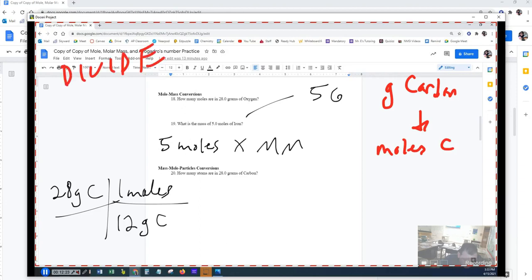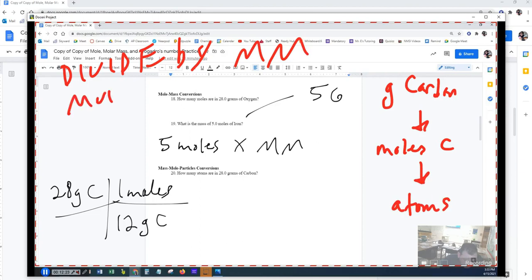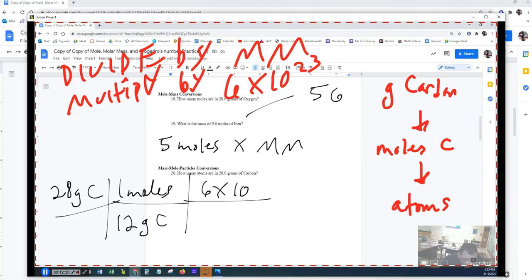And then to get from moles to atoms of carbon, we're going to multiply by Avogadro's number, 6 times 10 to the 23. So that's what I'm going to do next. 6 times 10 to the 23 over 1 mole. All right, notice that the way I set it up, everything cancels.